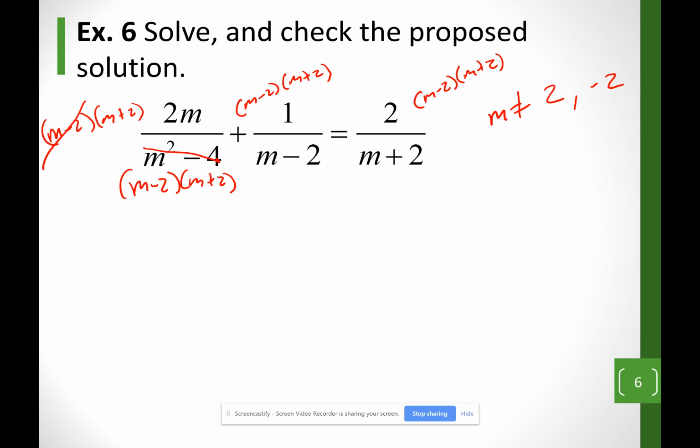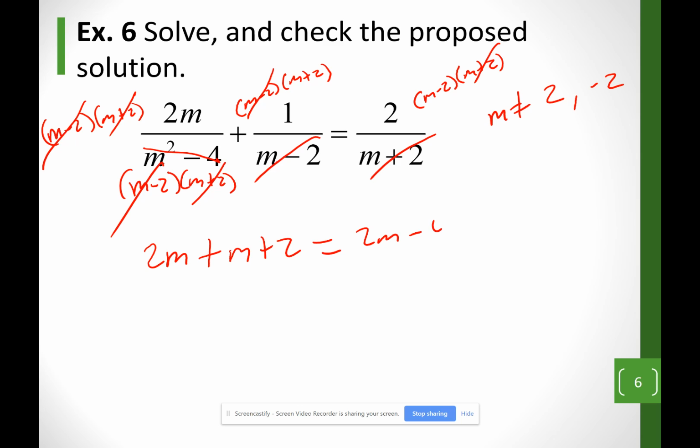My first fraction, my m minus 2's cancel out, my m plus 2 cancel out, so I just get 2m. My second fraction, my m minus 2 cancel out, distribute the 1, so I'm going to have 1m plus 2 equals, here my m plus 2 cancel out, distribute the 2, so I have 2m minus 4.